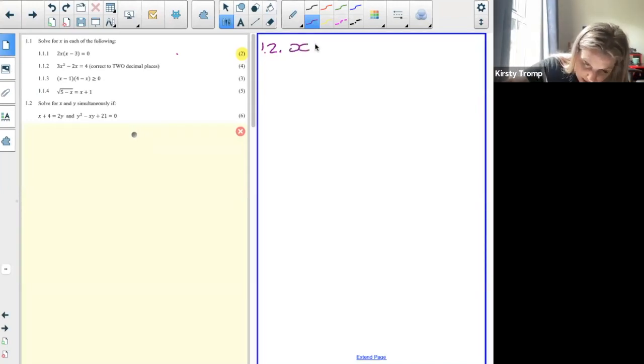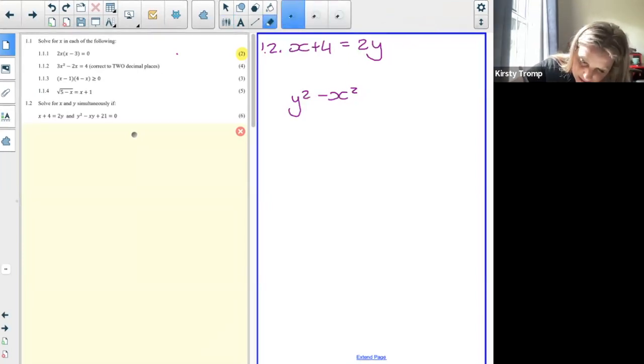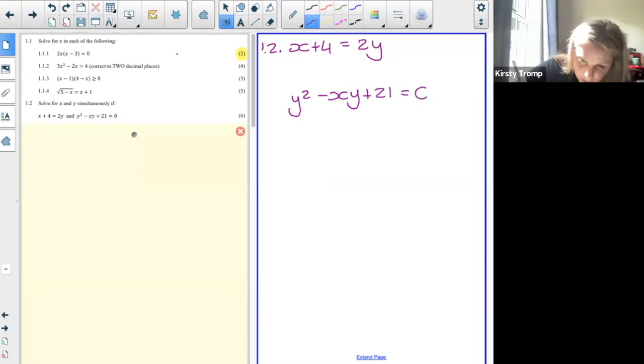So I've got x plus 4 equals 2y. I'm going to leave a little space in between there for us. And I've got y squared minus xy plus 21 equals 0.